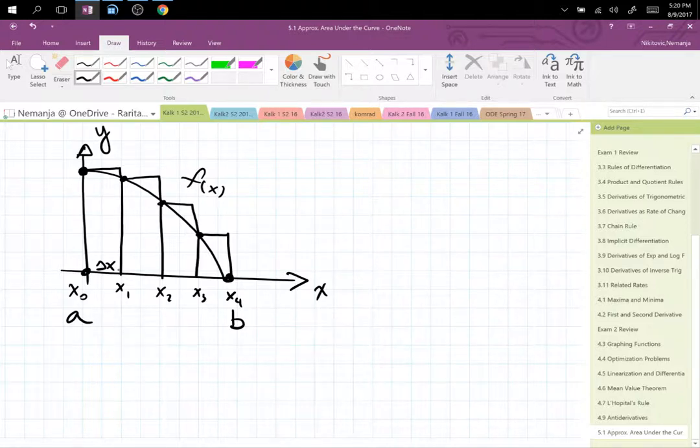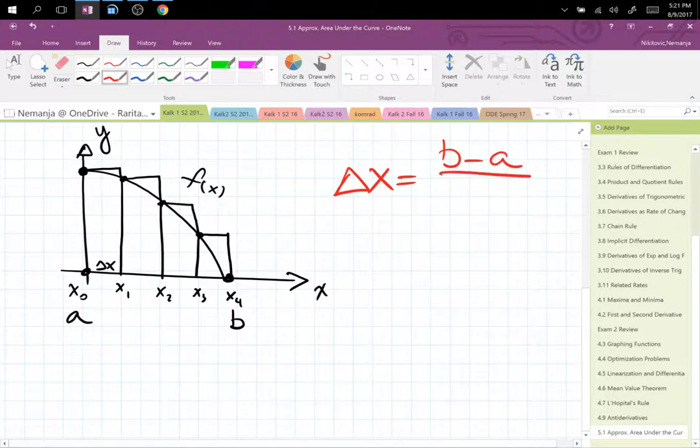If you are looking at this particular picture, you can immediately recognize that you can calculate delta x by simply subtracting a from b and dividing by the number of rectangles.